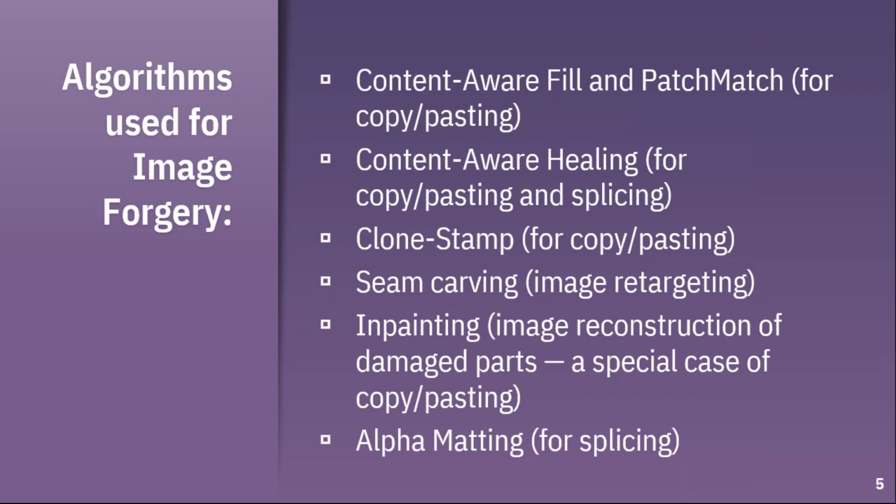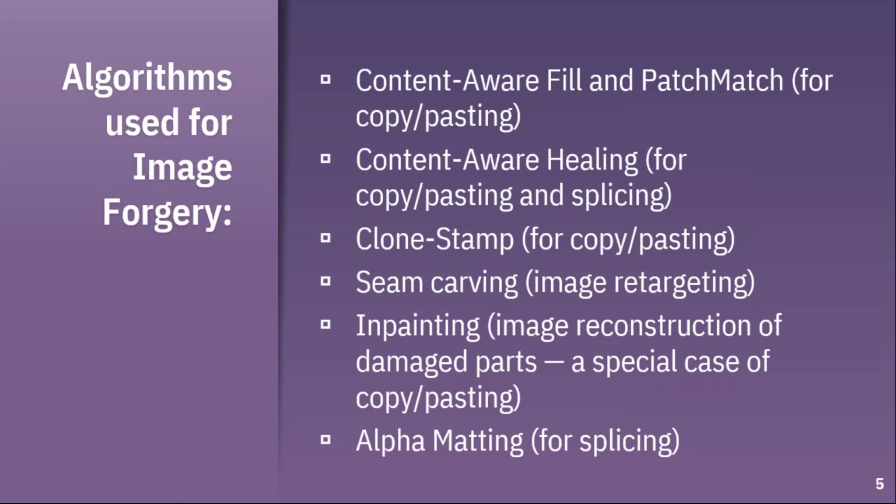What are the algorithms which exist in Photoshop? One is content aware fill and patch match. This technique exists in Photoshop and is used for copy-pasting, where we copy an object from one image and paste it onto a different image.